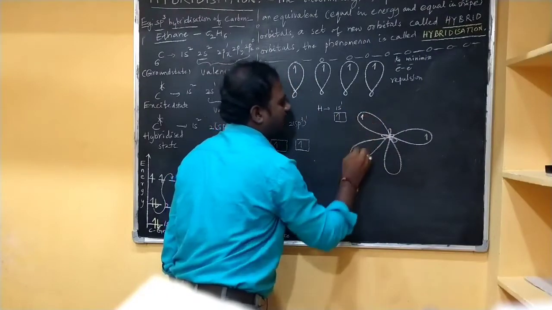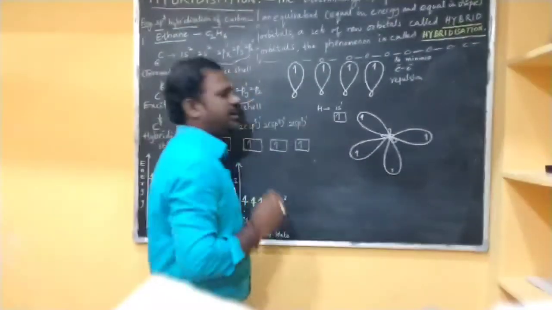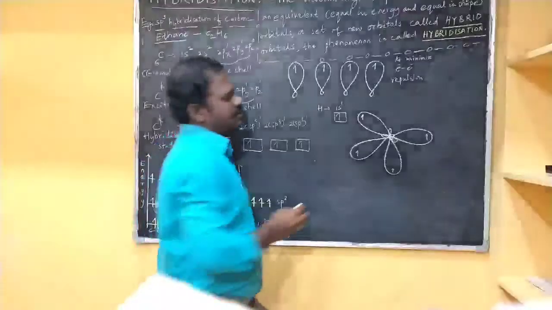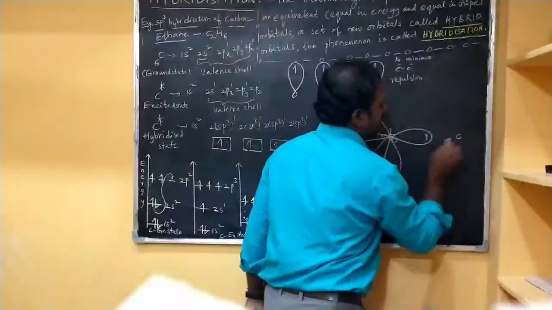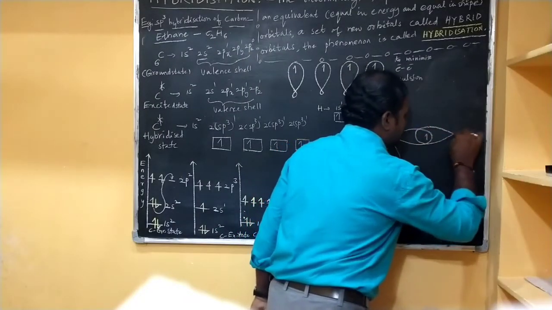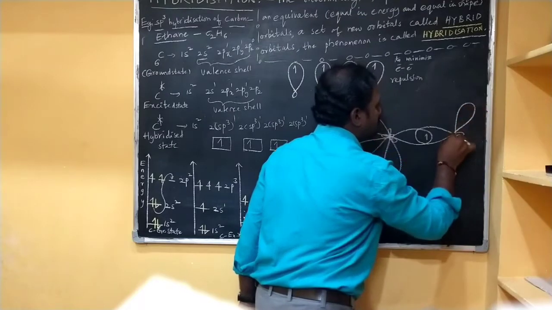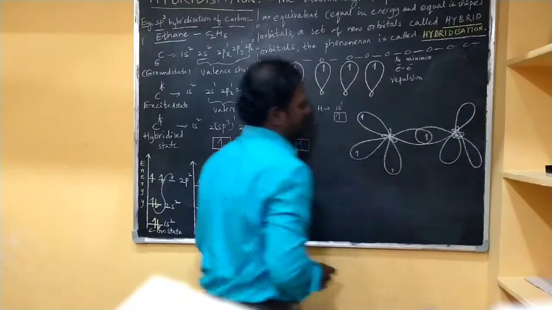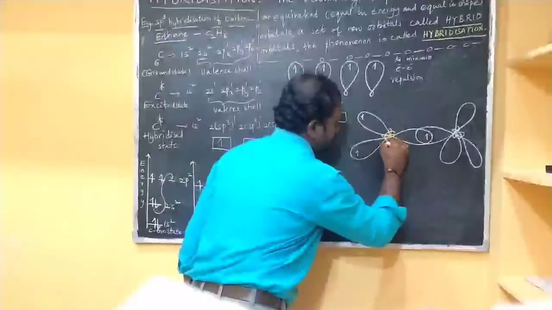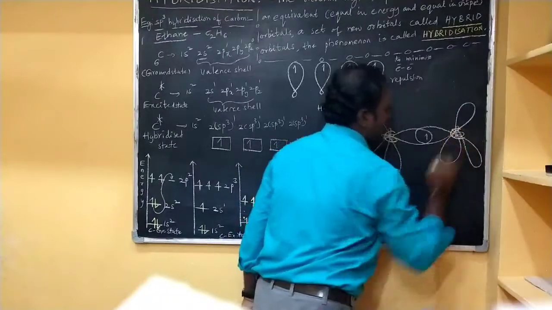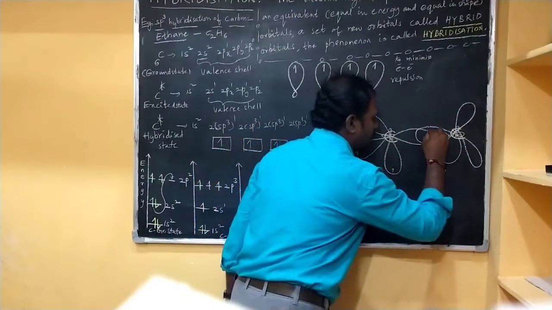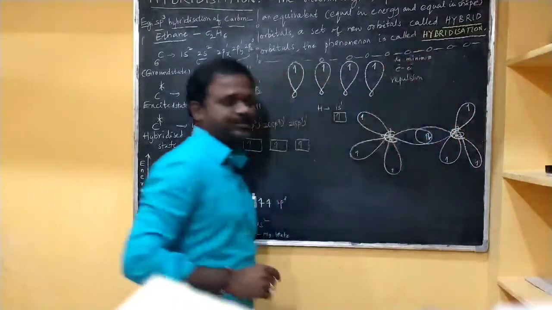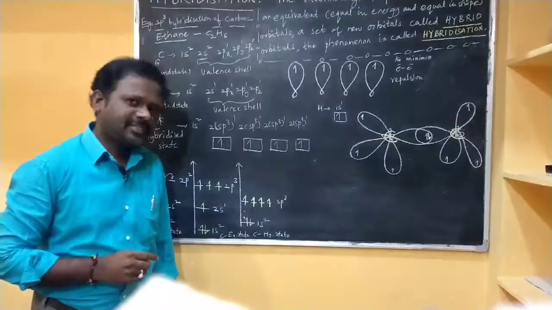All are equal in energy and equal in shape. For the first carbon we have it like this, and for the second carbon also. Each orbital of the carbon contains one unpaired electron.